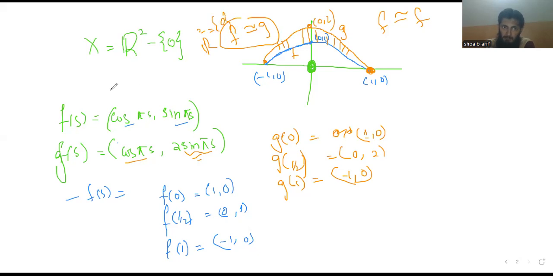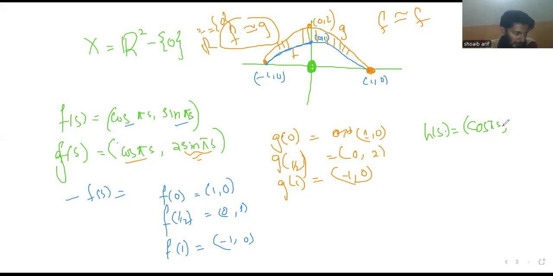Let's define another path h of s. So what is h of s? h of s is equal to cos pi s. Let's define another path and check whether this path is homotopic to f and g also.